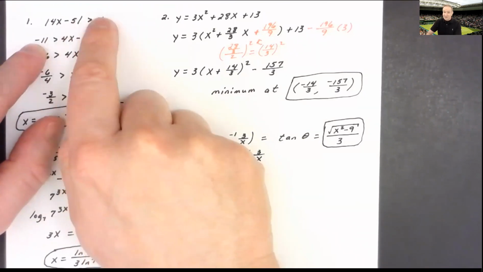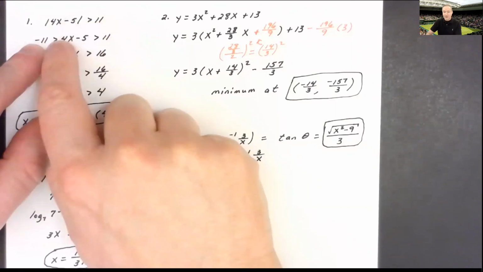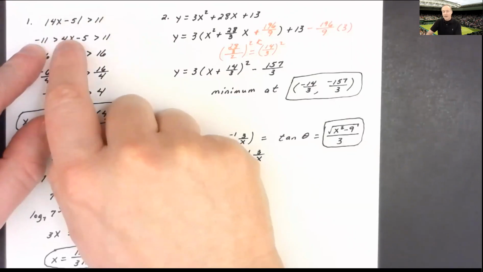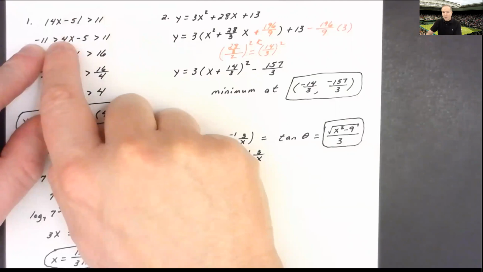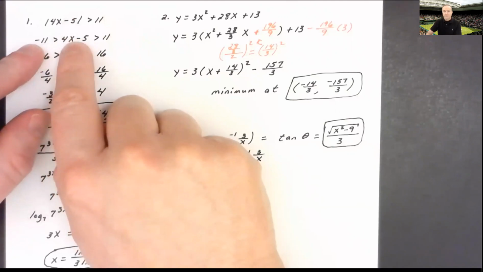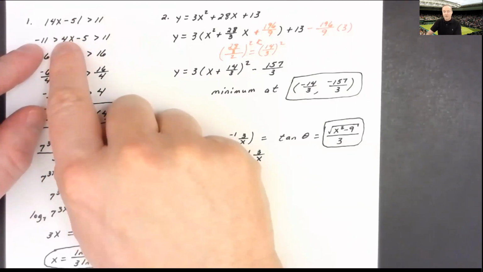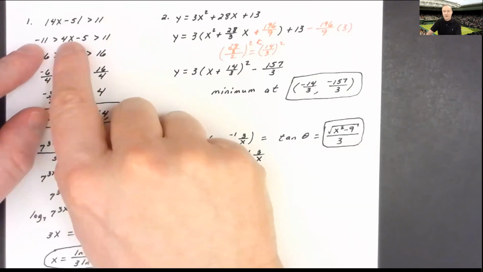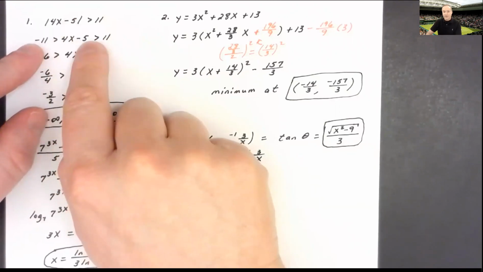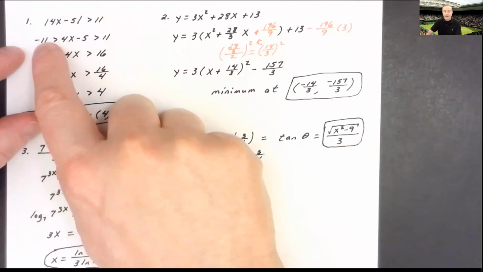If you change the sign of the other side, then you have to flip the inequality. Now, please keep in mind, this inequality is flipped in regards to the 4x minus 5. Here it says 4x minus 5 is greater than 11. Reading backwards, it says 4x minus 5 is less than negative 11.